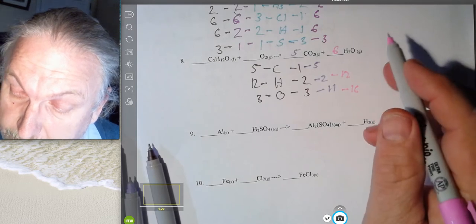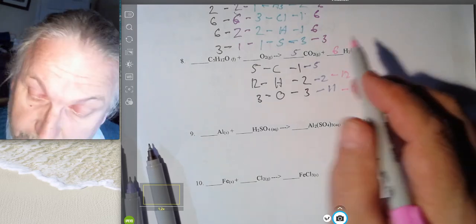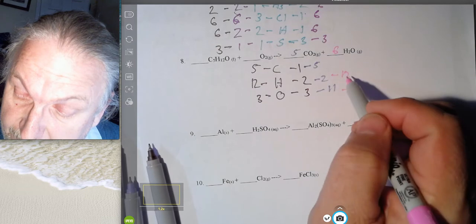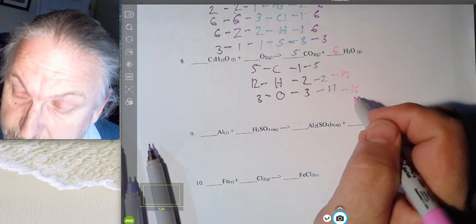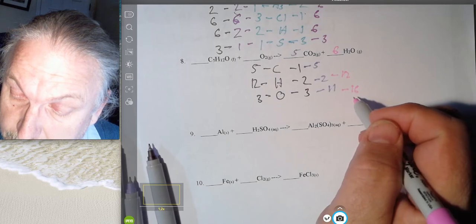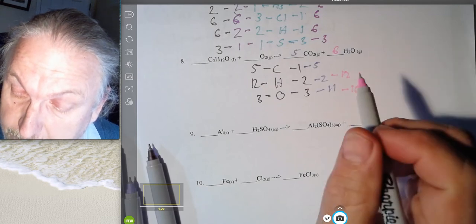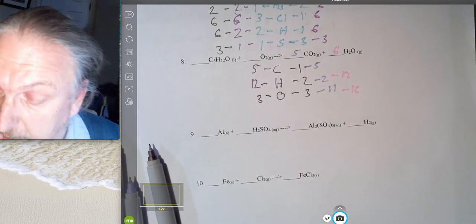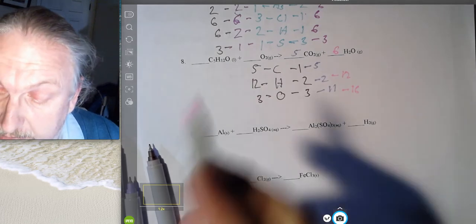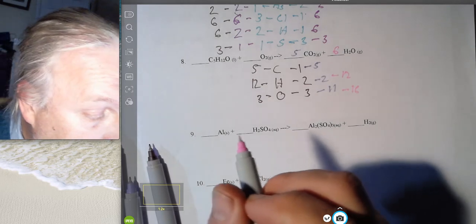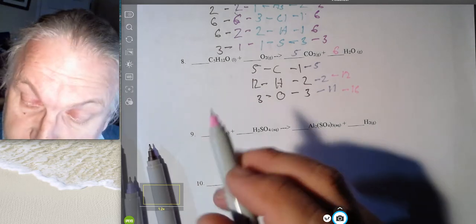Okay, cool. So let's see over here. We got 5. We got 12. We got 16. Oh, okay. Here we've got 3. So we need to make that even. So let's see if we can do this.